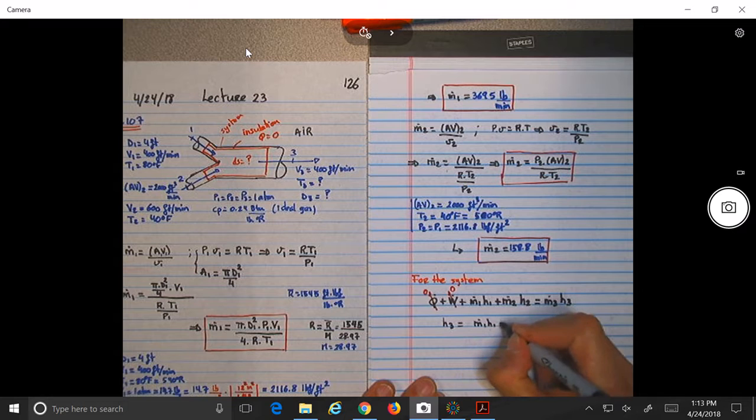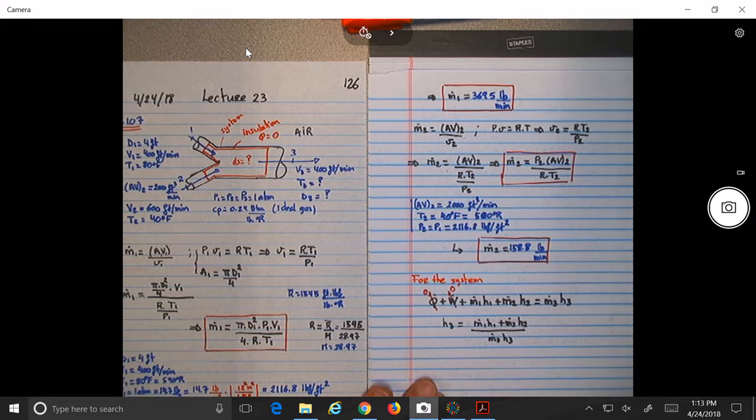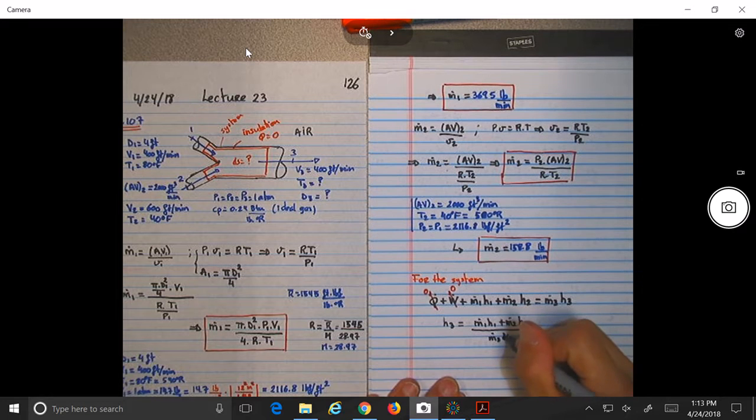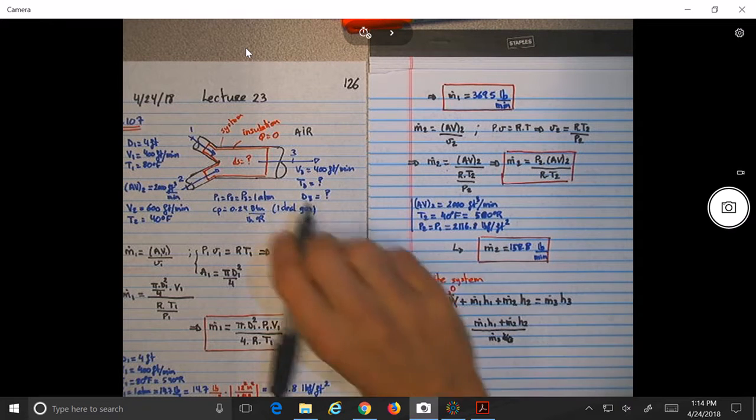M1 H1 plus M2 H2 divided by M dot 3. Sorry, M3. I don't know what I was thinking about.